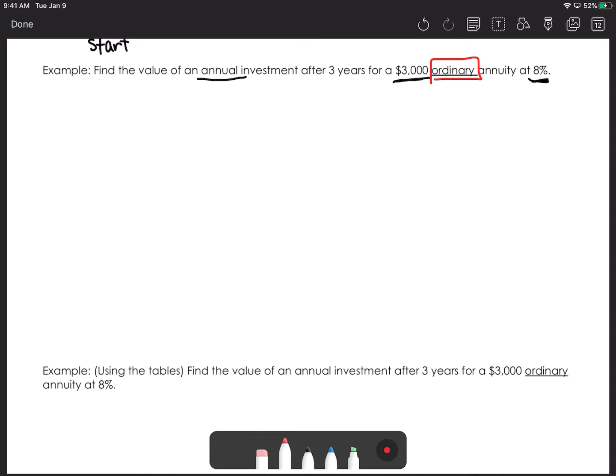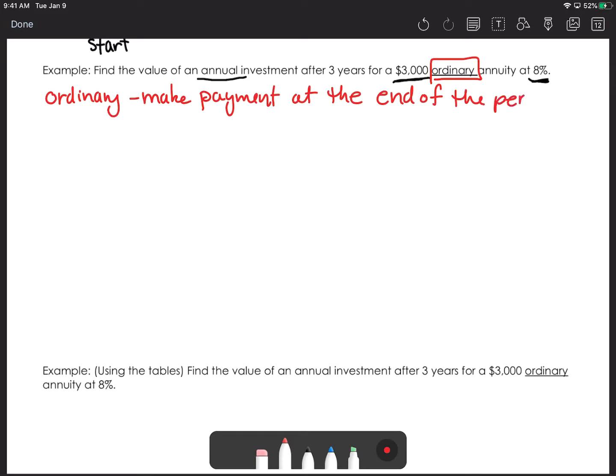Now, an ordinary annuity is when you make the payment at the end of the period. So in this case, since we're making 3 payments of $3,000 at the end of each year, since we're doing this annually, we would make a payment of $3,000 to save in the bank.